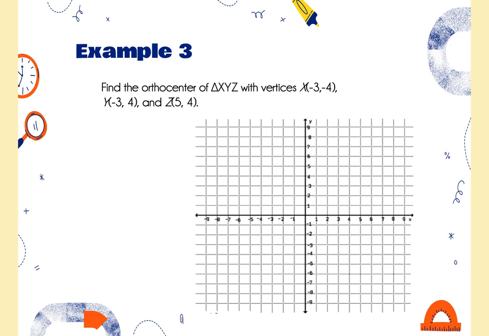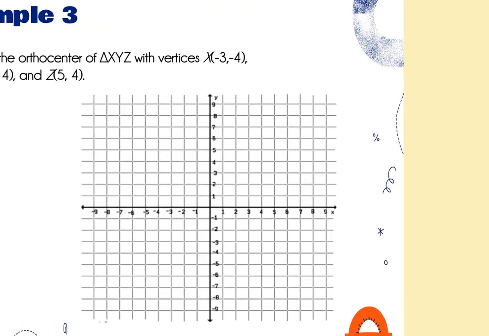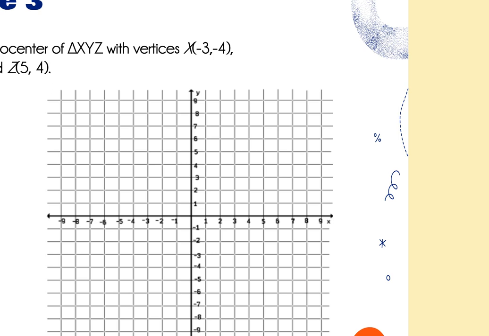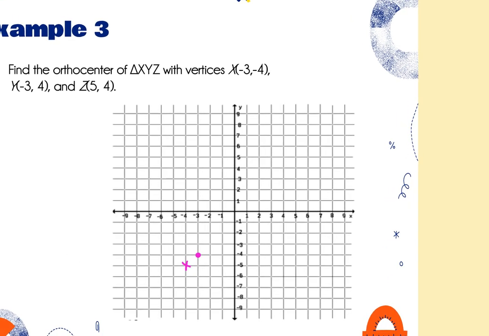Example 3 says to find the orthocenter of XYZ, where X is (-3, -4), Y is (-3, 4), and Z is (5, 4). So this is, again, a right triangle, just like that last example that we did with the perpendicular bisectors.